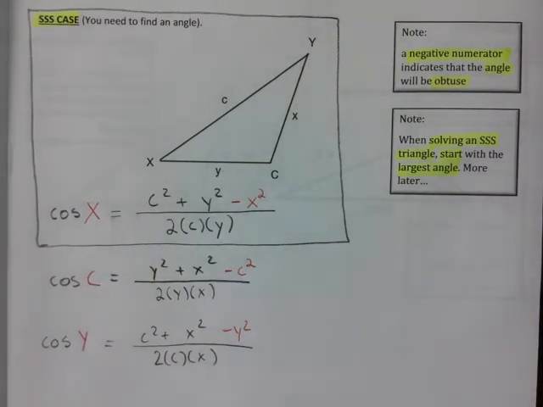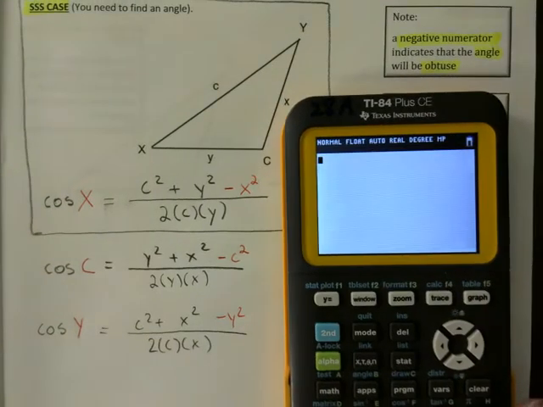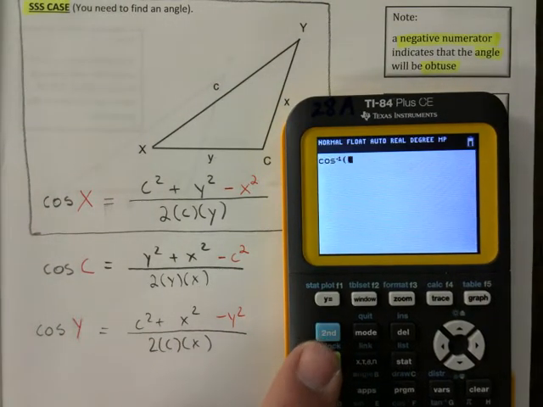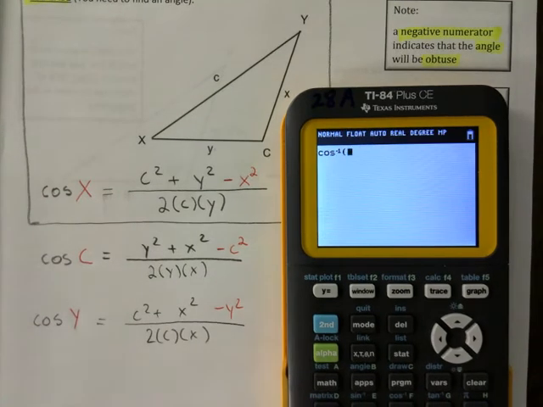I just want you to see it on your calculator. Let's clear our screen. And we're going to go second cosine. So we're going to take the inverse of a negative number. So let's go negative 0.3, close brackets.